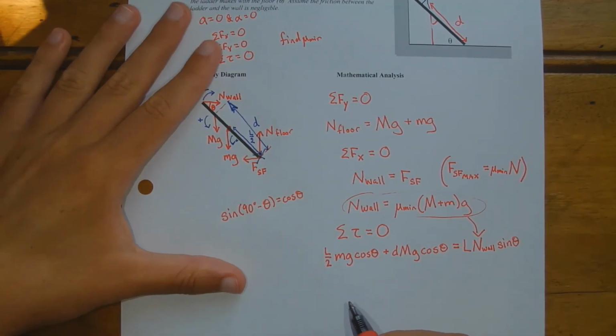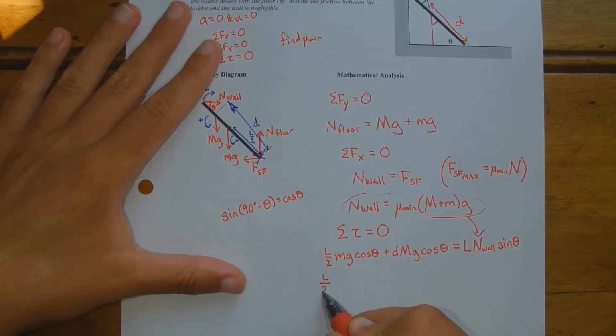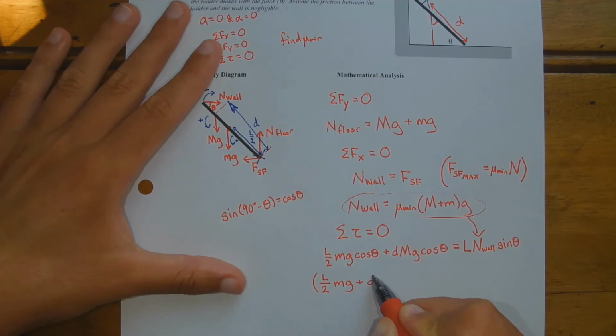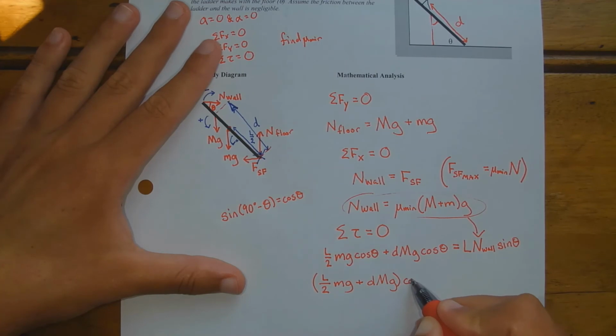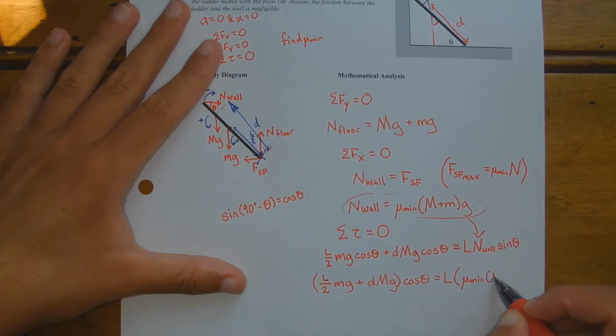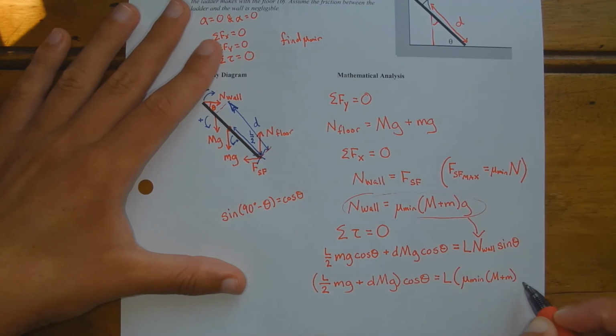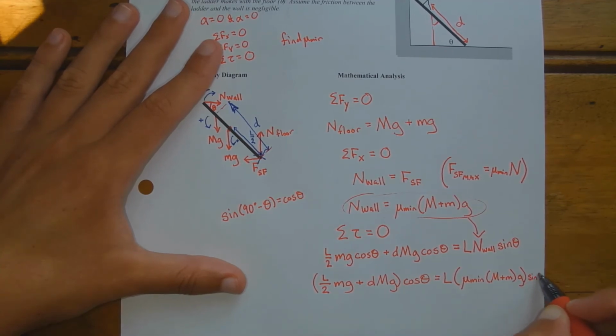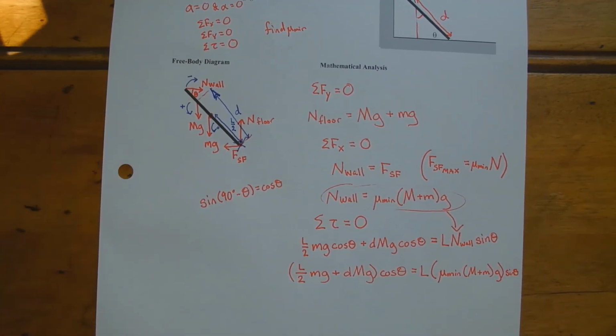So I have, let's pull out the cosine theta, so this is capital L over 2 times m times g plus little d times capital M times g times cosine theta is equal to L times the coefficient of friction times capital M plus little m times g times sine of the angle.